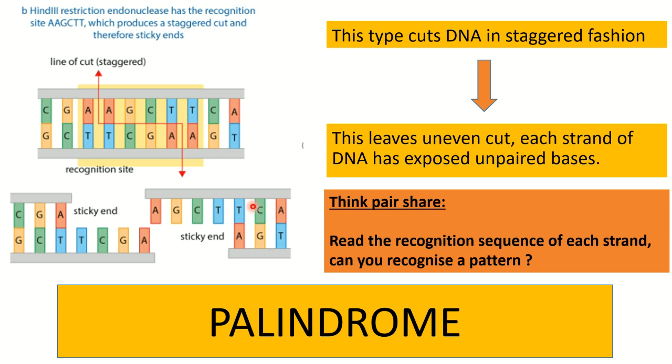Now, what is a palindrome? Look at the sequence here. This whole thing is called the recognition sequence, but it also has something very unique. It's called a palindrome. If you see here, A, G, C, T, T. Now, if you go to this side here, it's also A, G, C, T, T. It's anti-parallel.